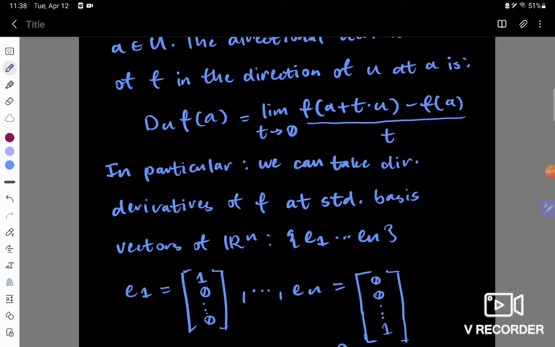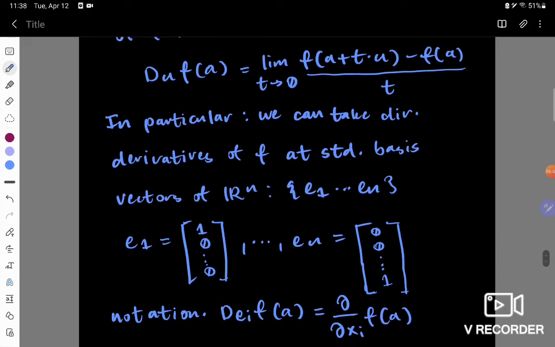And this is going to give us a lot of information about our function, in particular when we take its directional derivatives with respect to these vectors, because it really tells us how we can break up our function into its constituent parts. That is, how it behaves with respect to each of these basis vectors. And we have special notation, in fact, for taking a directional derivative with respect to a standard basis vector.